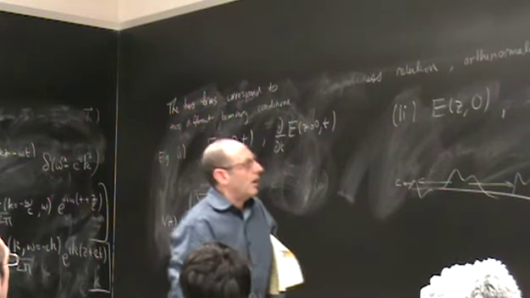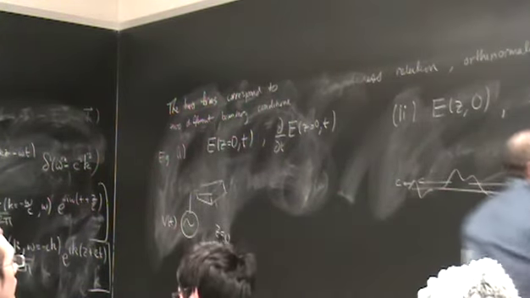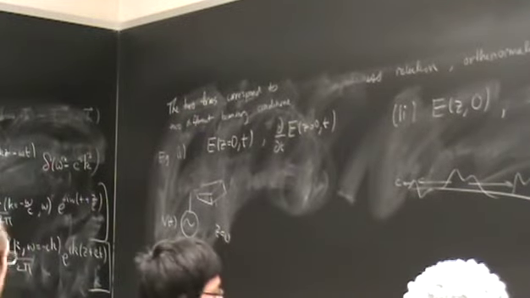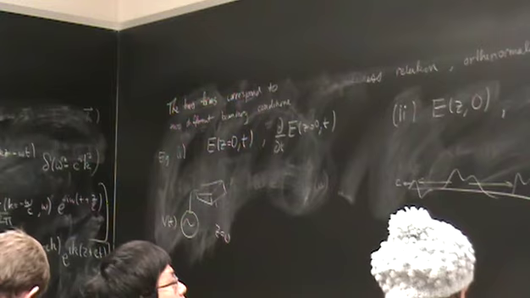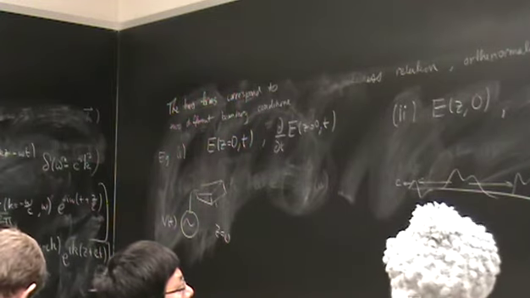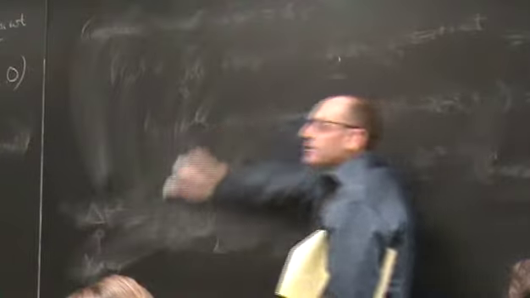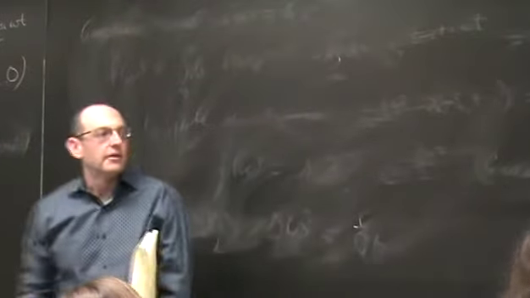Okay. All right, so one last topic I want to discuss about plane waves in free space. So we talked about energy and momentum for a plane wave in free space. What about energy and momentum for an arbitrary wave in free space? Well, our handy-dandy Fourier decomposition gives that to us.